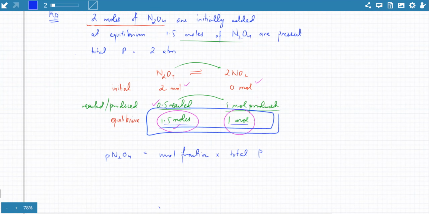These are your equilibrium moles. So it's 1.5 out of 2.5. That's your mole fraction. 2.5 is the total number of moles, and 1.5 is the moles of N2O4, multiplied by the total pressure, which is 2 atmospheres. That's also given in the question.